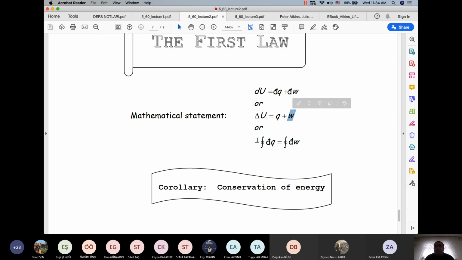Ya da bir başka deyişle, bir sistemin başladığı noktaya tekrar gelecek şekilde bir çevrim oluşturuyorsanız, cycle oluşturuyorsanız, sistemin toplam enerji değişimi sıfır olacak. Burası sıfır olduğu için toplam iş sıfırdan farklı, toplam ısı da sıfırdan farklı, ama birbirlerinin ters işaretlisi olarak birbirlerine eşit olmak zorunda olacaklar. Çünkü bu ikisinin toplamı enerjiydi ve o ikisinin toplamının sıfır olması gerekiyor.